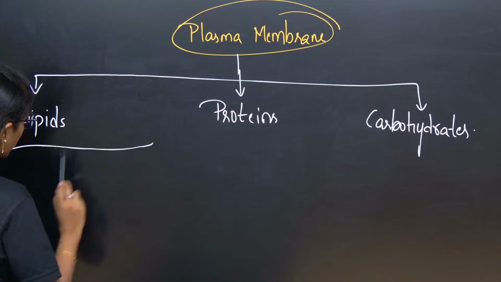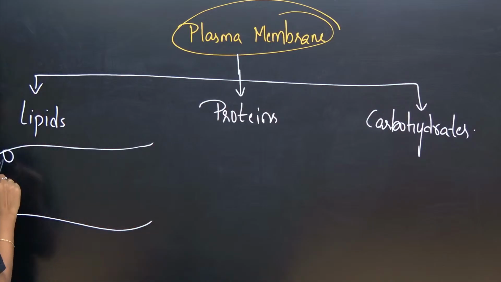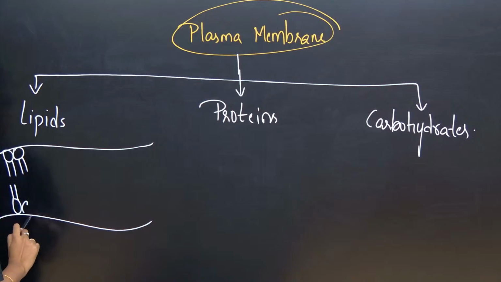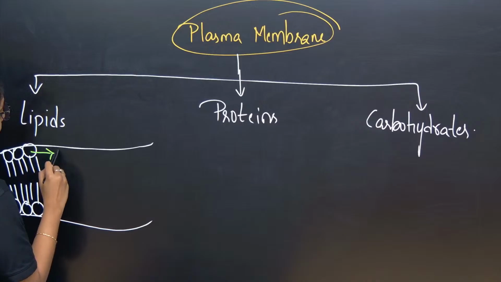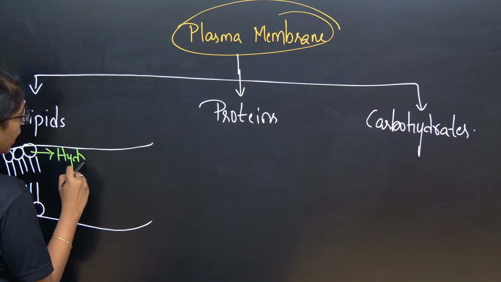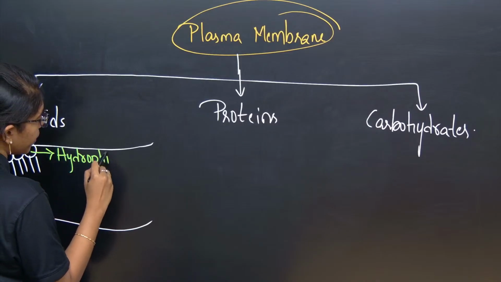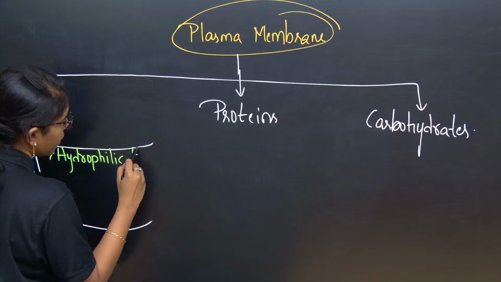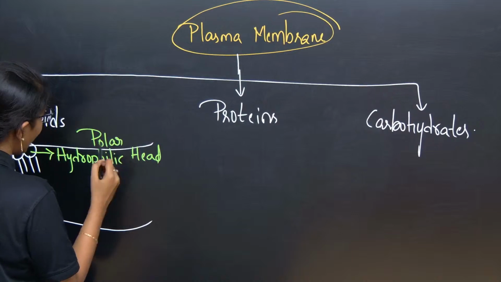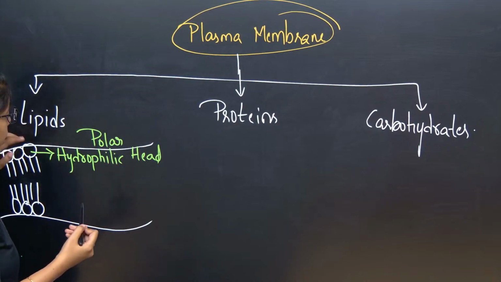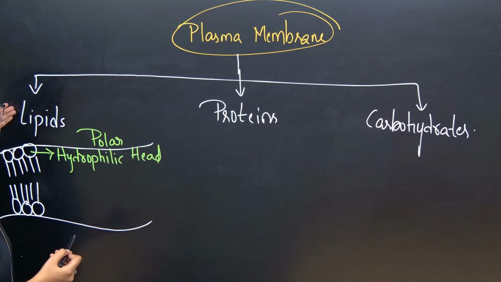In the Fluid Mosaic Model, you can clearly see the lipid bilayer. In the lipid bilayer, you can observe the hydrophilic head, which is polar. This is the polar hydrophilic head, which is projecting towards the aqueous environment outside.